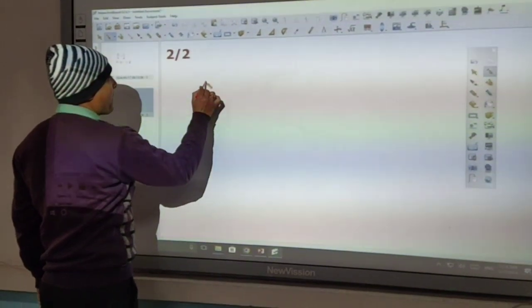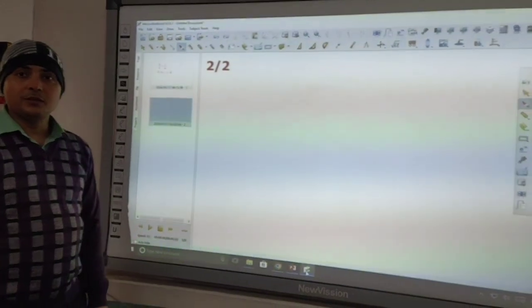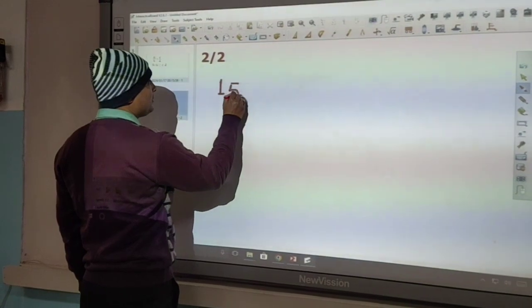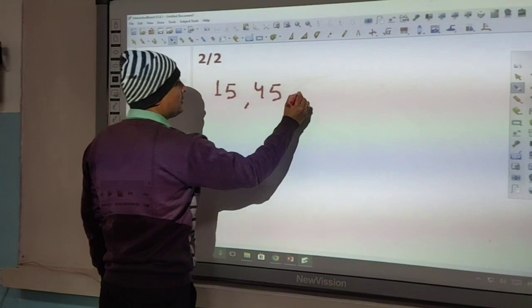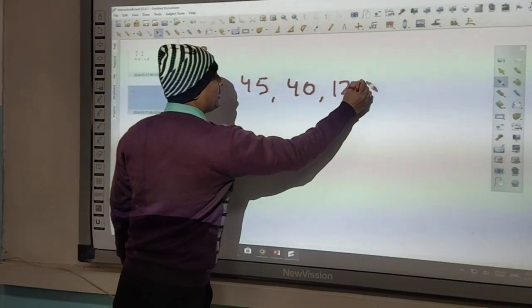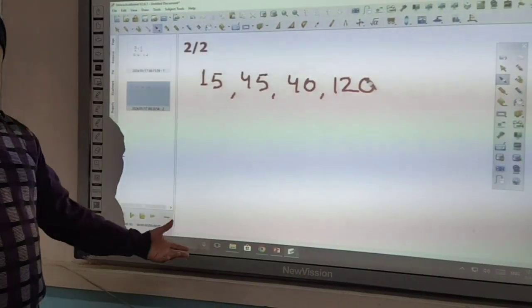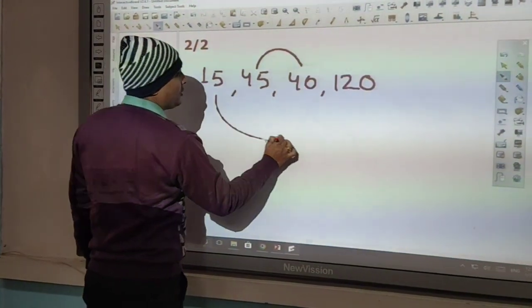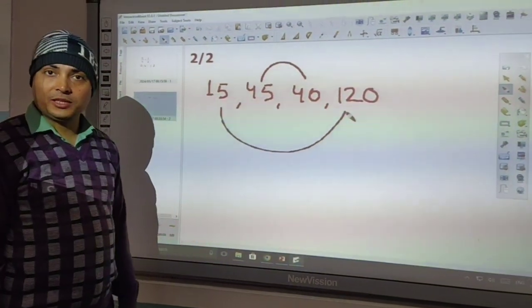We will have to check whether they are in proportion. The same thing we will apply: product of means is equal to the product of extremes. If we get the same result, we can say they are equal.